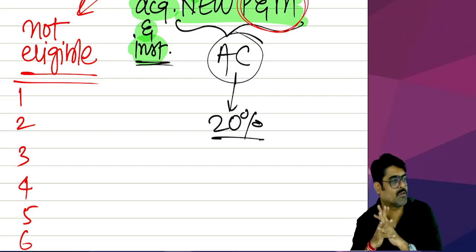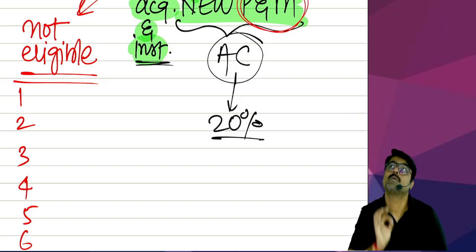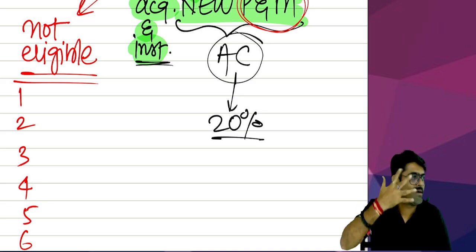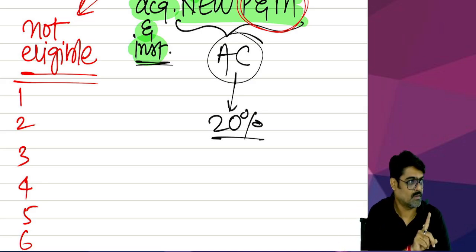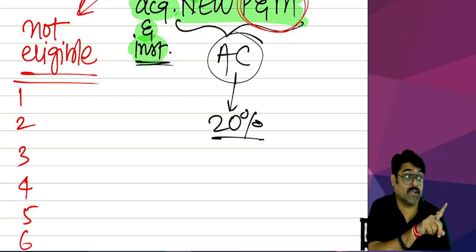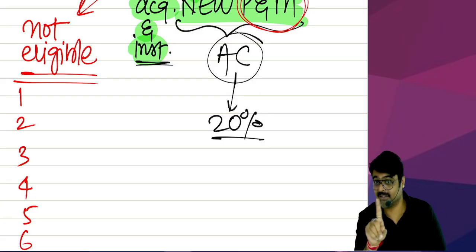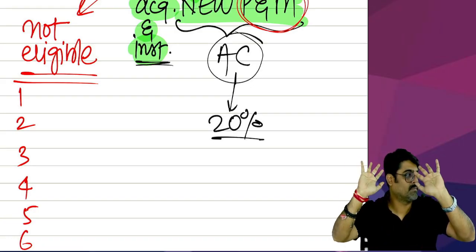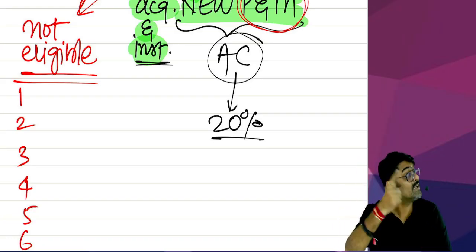Other than sin goods. If you are a manufacturer of sin goods, then additional depreciation is not allowed. So you are supposed to manufacture any item, any goods other than sin goods.